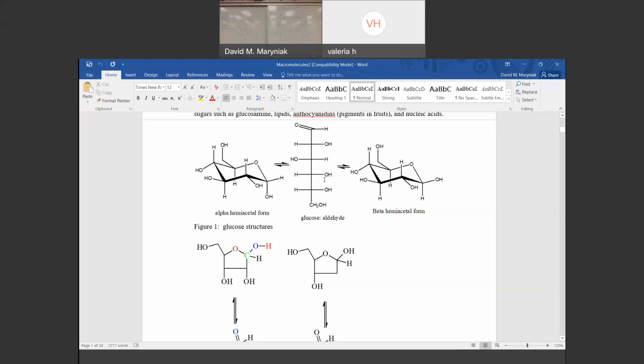So they are in equilibrium with each other. And you can debate a lot as to which one's more stable, which one's more common. But more importantly, it's important to know that when we say we have D-glucose, it can really be any of those 3 structures.